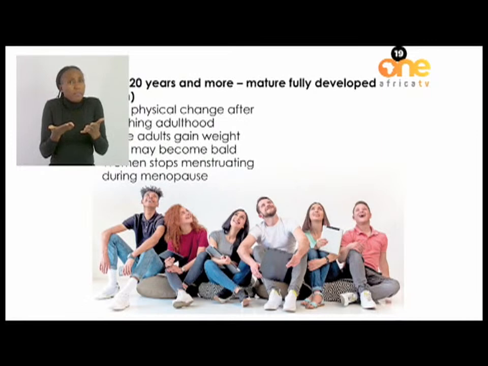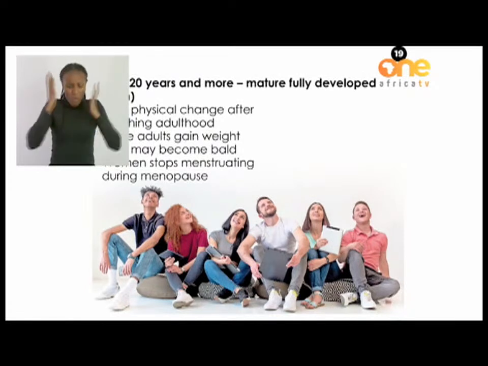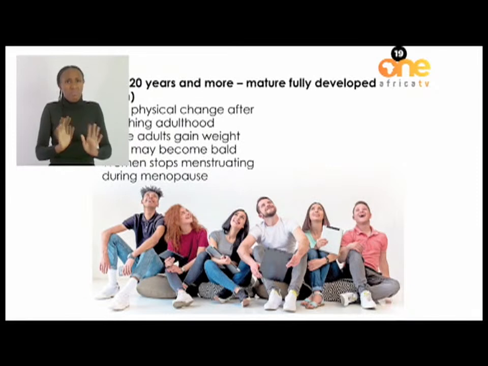Little physical changes after reaching adulthood, okay? So when a person is an adult, they don't really change, the changes are hardly seen because they happen at a very low pace, okay? So they don't grow fast anymore like the young ones. Some adults gain weight.